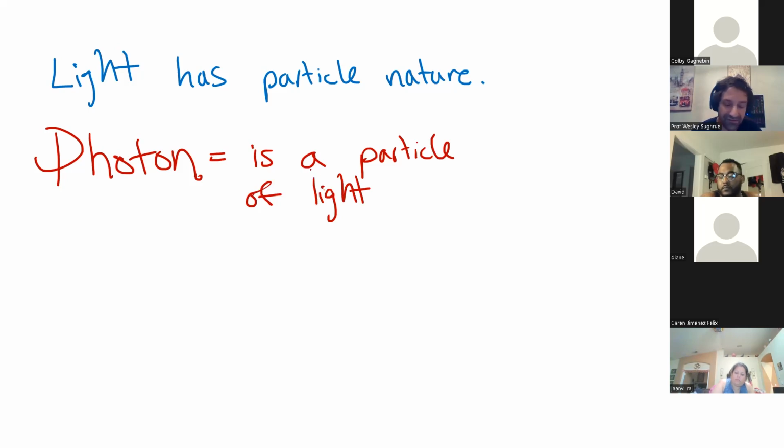I won't go into the details of the experiments associated with light particles, but if you ever have a question about that, we can talk about the experiments that were done to prove that light has particle properties, and actually it travels in distinct particle packets of light called photons, and it travels in a wave-like fashion.